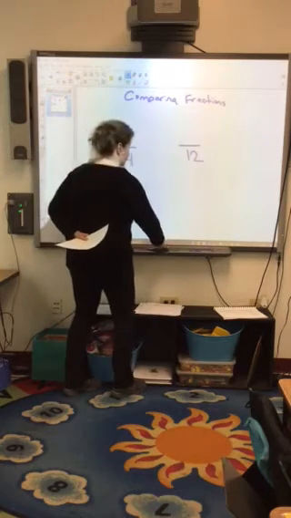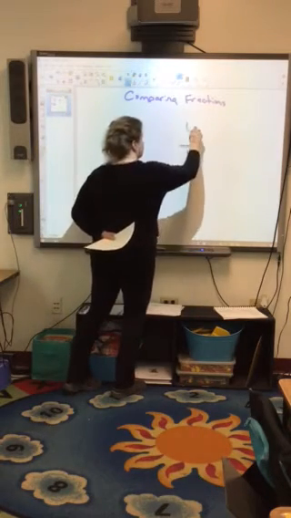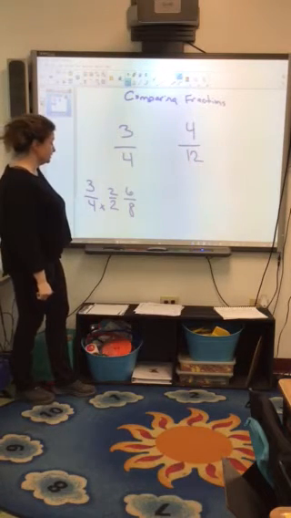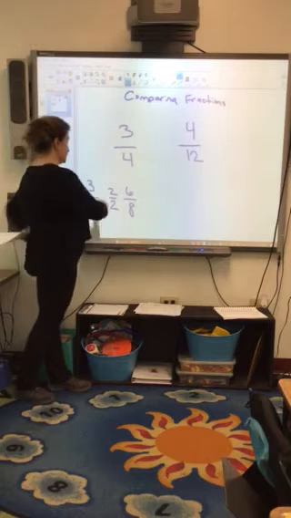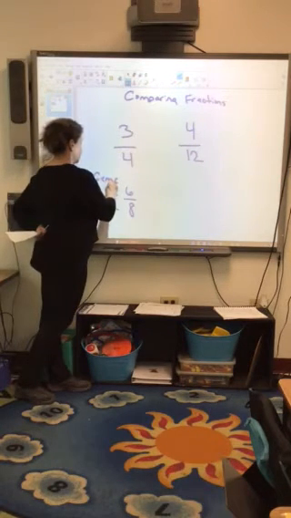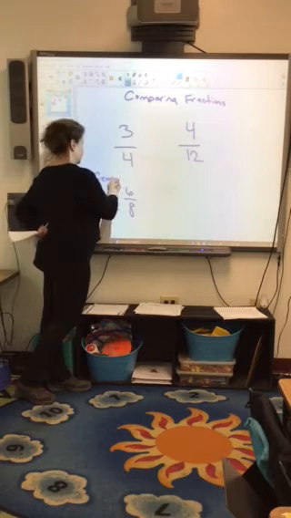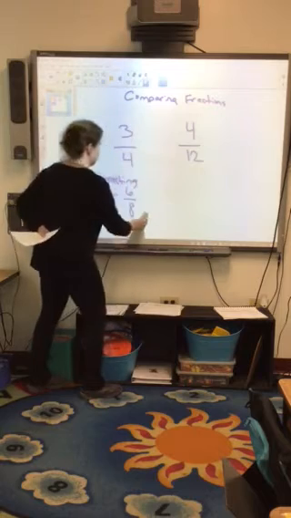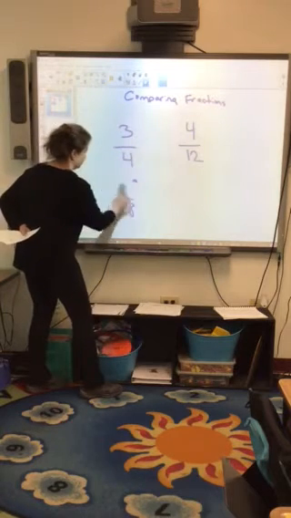Let's do 4/12. I want to compare 3/4 to 4/12. Well, this time instead of generating, that was the last thing I did, I'm going to use simplifying.